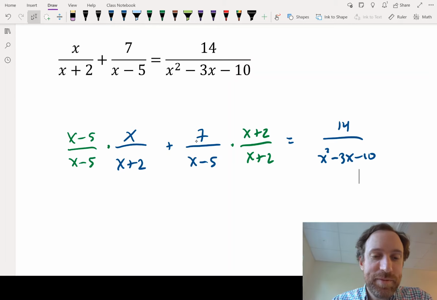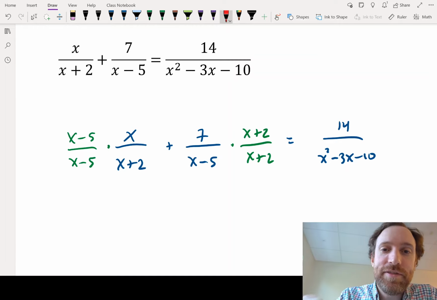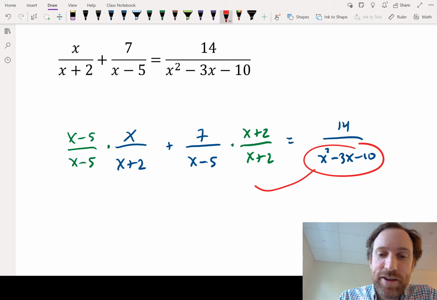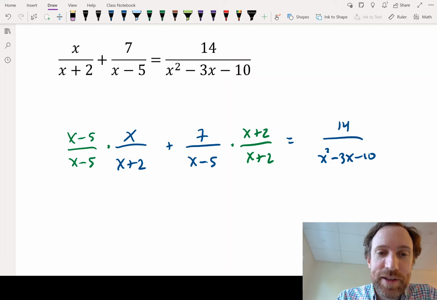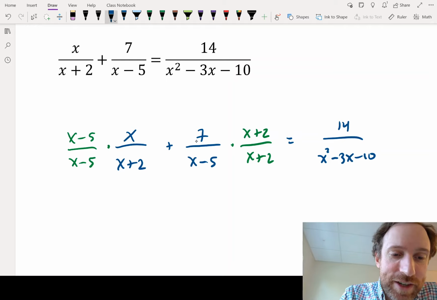Here's the setup for the common denominator. It should be pretty straightforward, and conveniently, the right side already shares a denominator with this new left side. So all we have to do now is do some distributing, some combining of like terms. Let's do that.